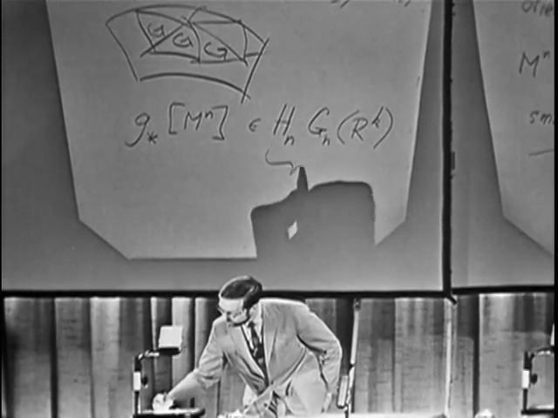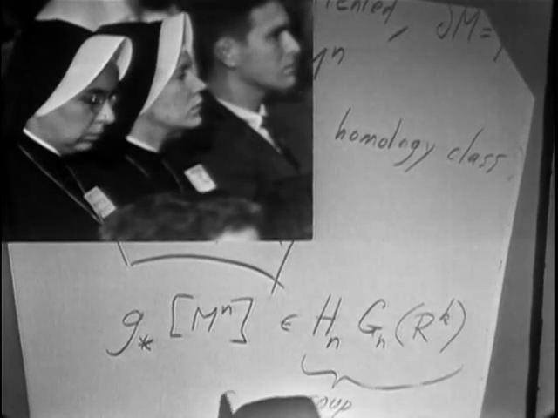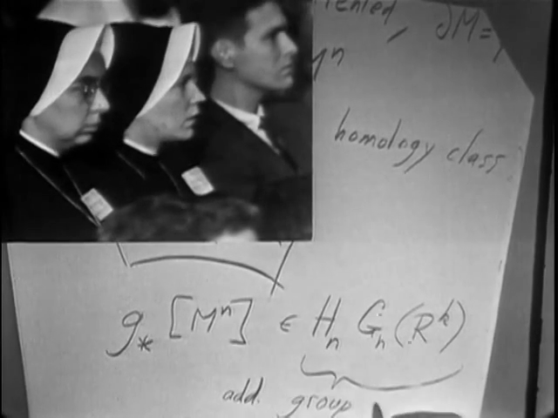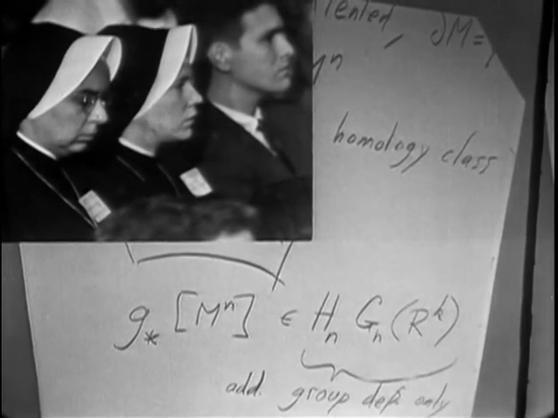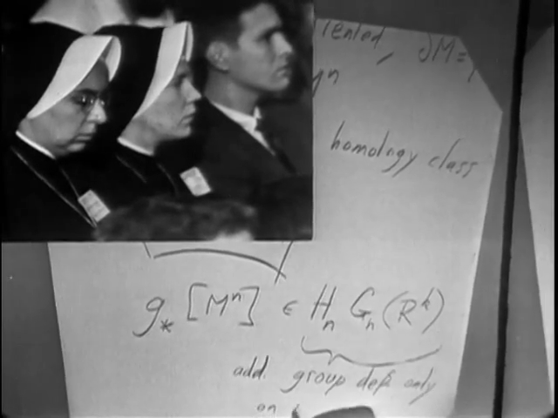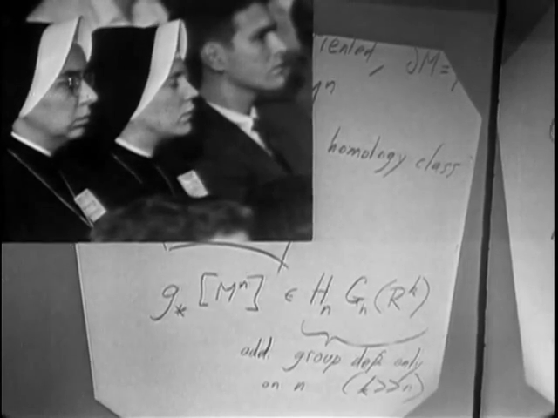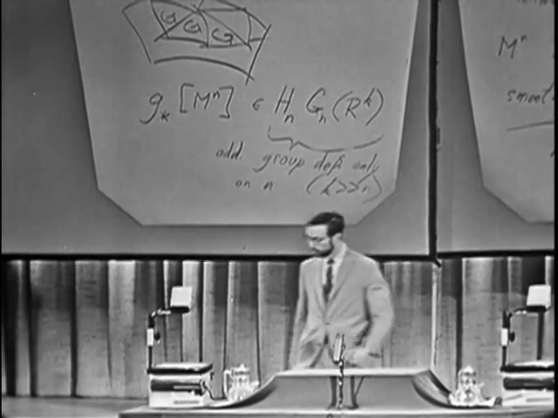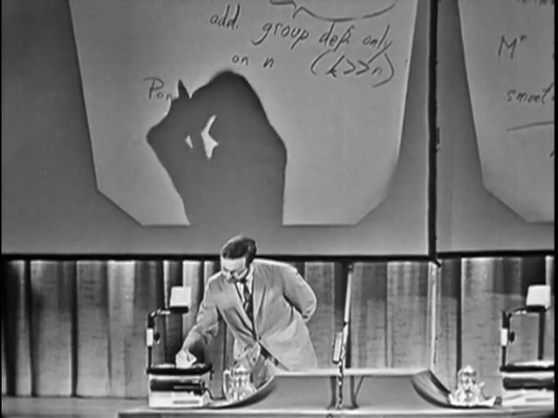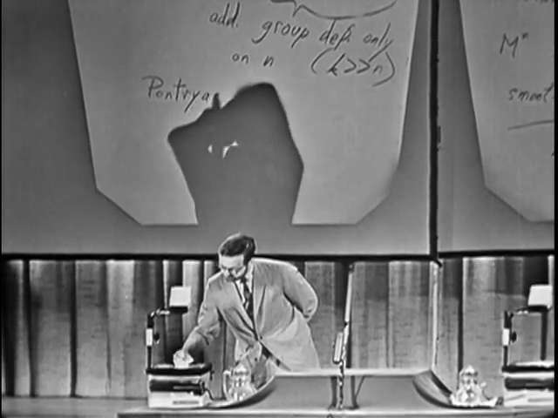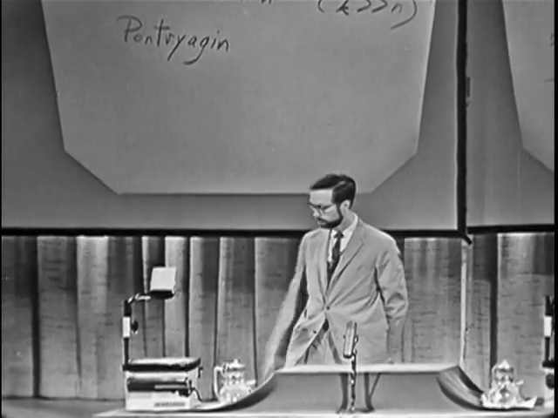This is an additive group depending only on n for K large. And these groups were first computed, I believe, by Pontryagin, and they can be described quite explicitly.